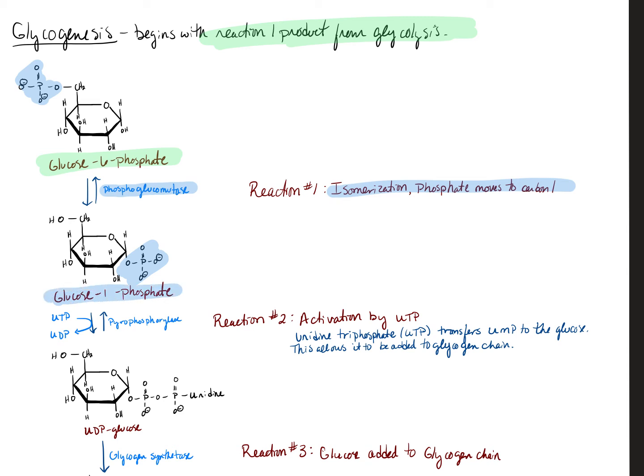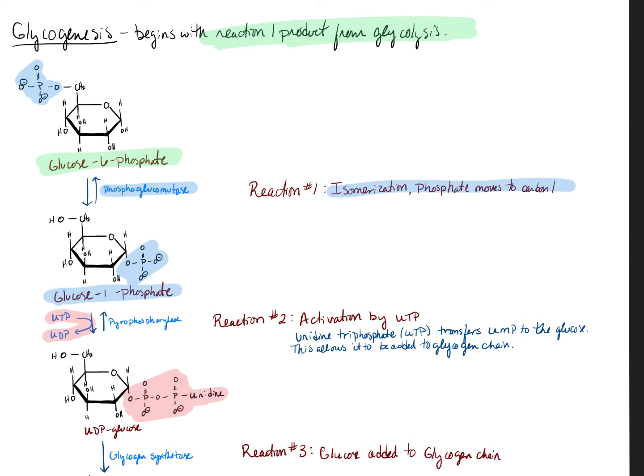Now, this process is going to use a different type of molecule. UTP is going to be used and come out as UDP, therefore giving another phosphate to our glucose 1-phosphate. This is going to make a 2-phosphate type of reaction here with uridine coming off.